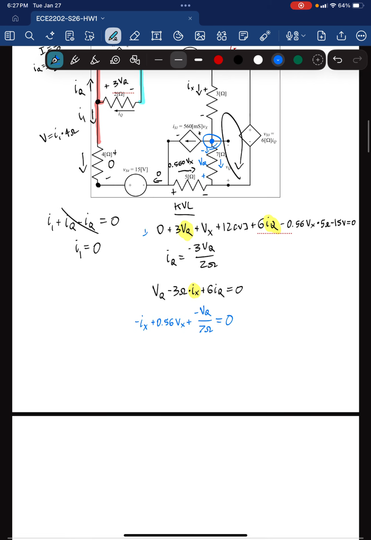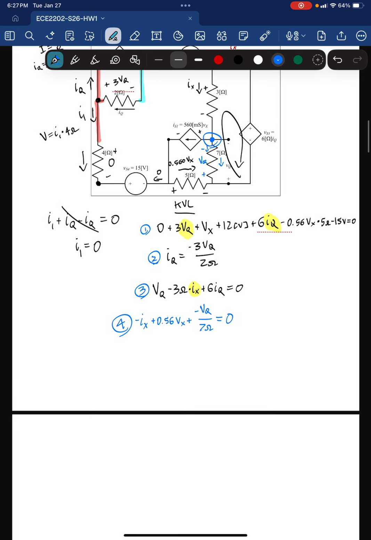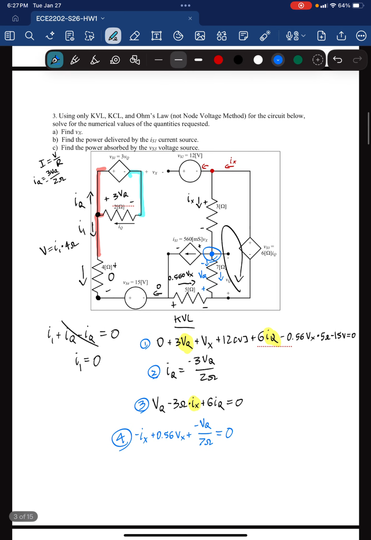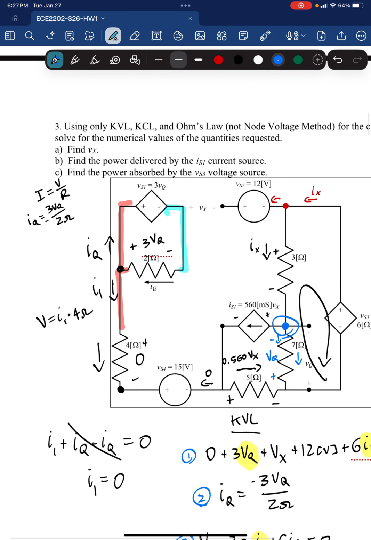So now we have 4 equations, 4 unknowns. From here, you can plug into your calculator and be able to solve for Vx. And from there, you have to find the power delivered and power absorbed by these two sources. If you want, I can make a video going over that as well.